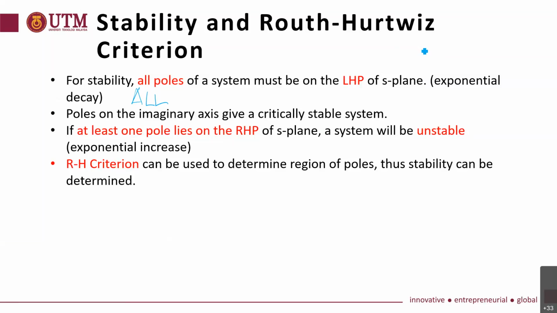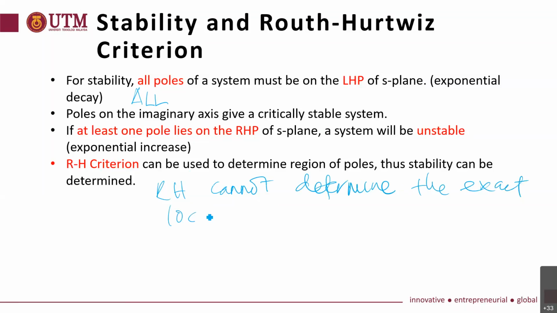Routh-Hurwitz cannot determine the exact location of the poles. Routh-Hurwitz can only determine the three regions where the pole is located. It cannot determine exact location.